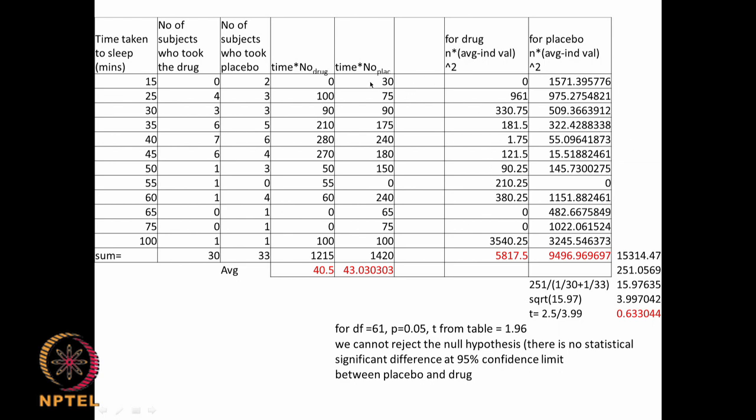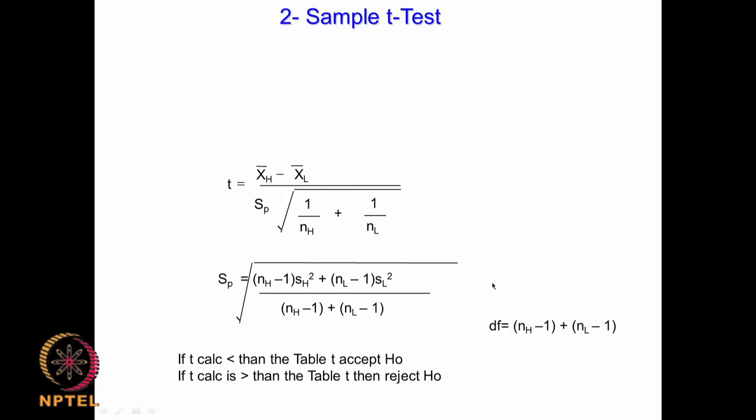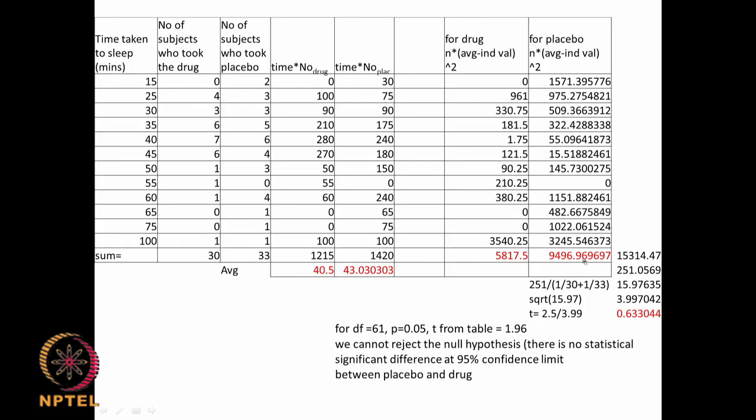And for the placebo, what do you do? You take (43.03 minus 15) squared multiplied by 2, that is what comes here. (43.03 minus 25) squared multiplied by 3, that is what comes here, and so on. And then you add up, you end up like this. And then you can calculate this term because you got this.